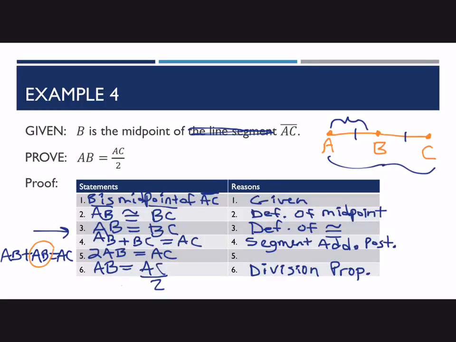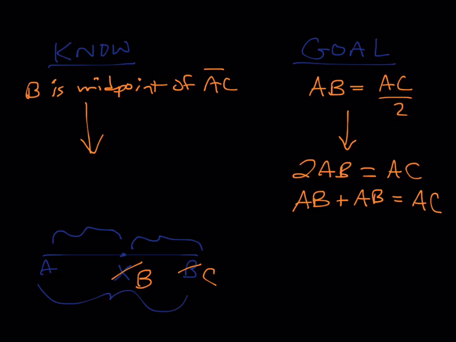So do we have a reason for why we can switch BC with AB? If you look back at the algebra properties again, there's one called the substitution property. Anytime you have things that are equal, you can switch one out for the other or replace it in an equation. Some tips for substitution: it applies anytime it looks like normal algebra, or just like addition or subtraction.